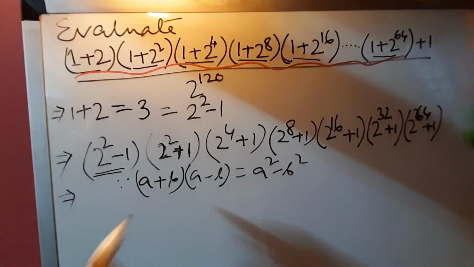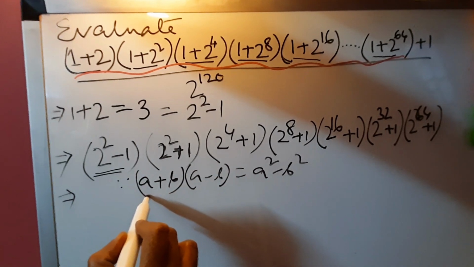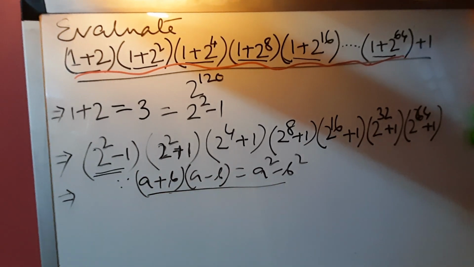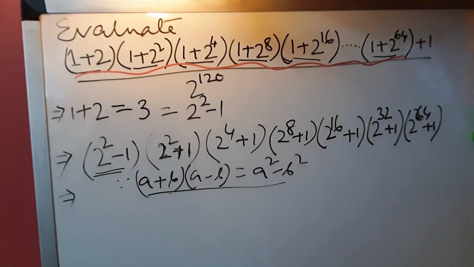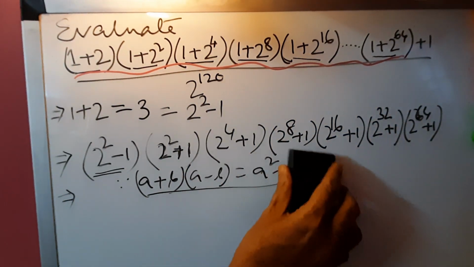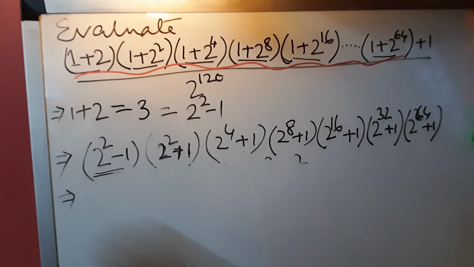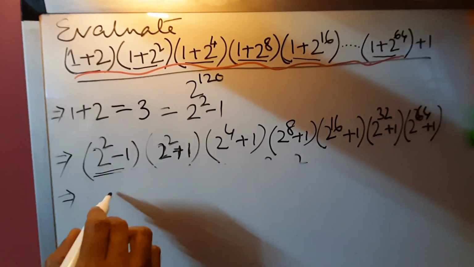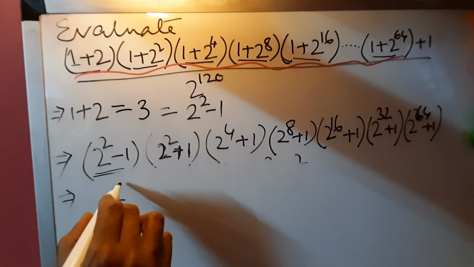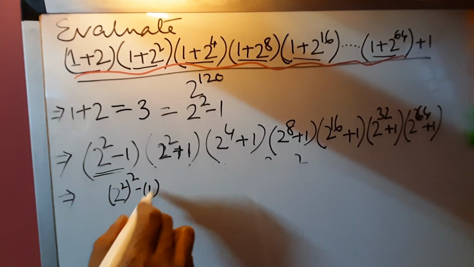So if we apply this to the first two parts, it will become 2 to the power 2 square minus 1 square.